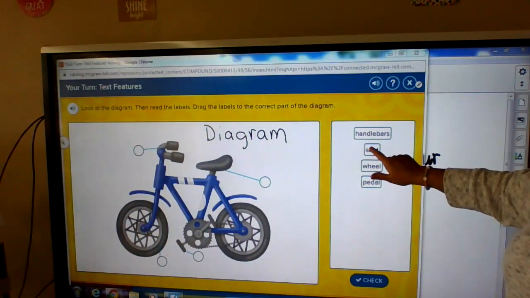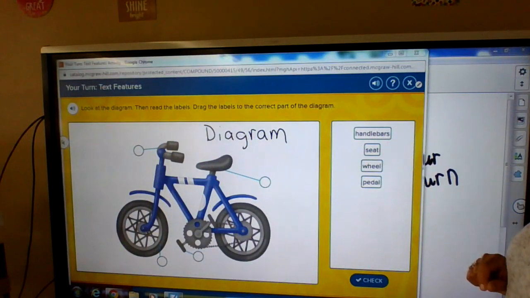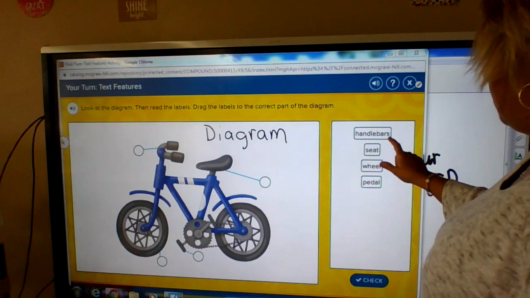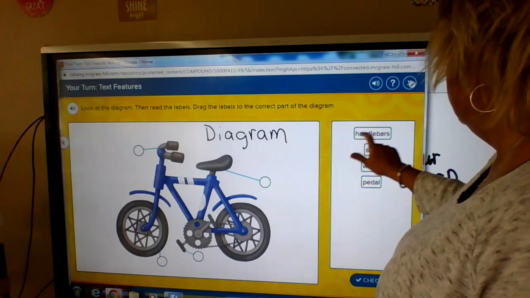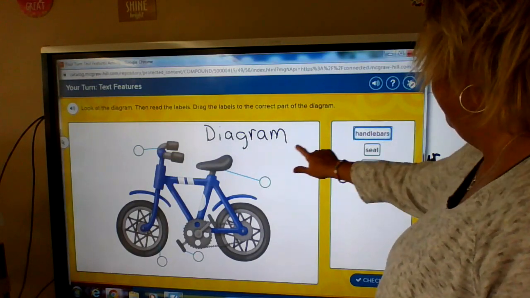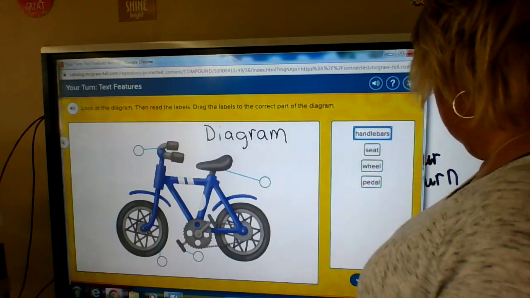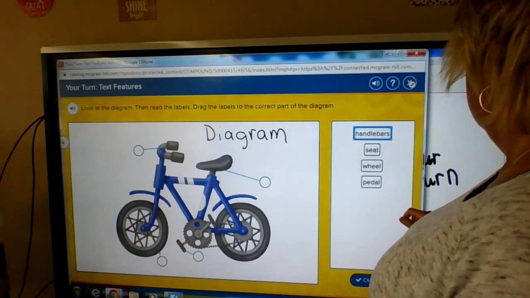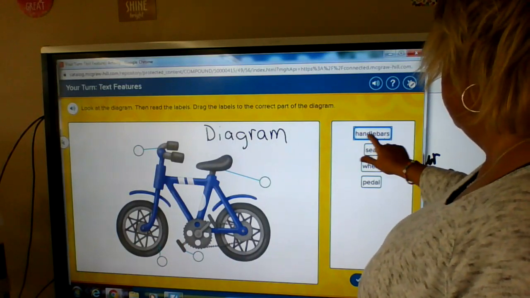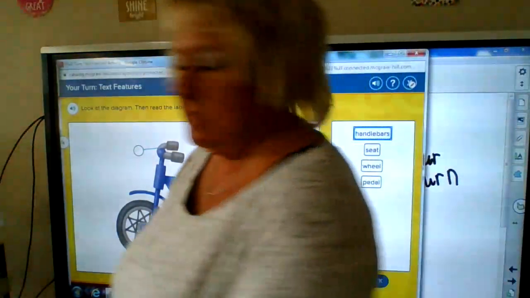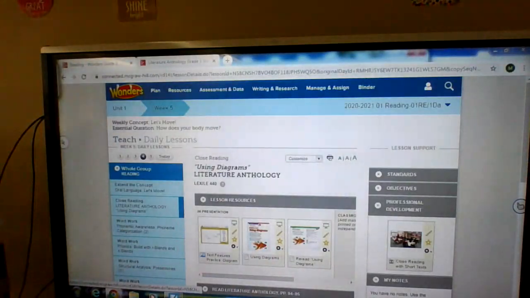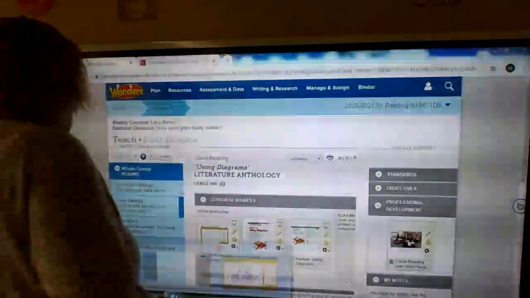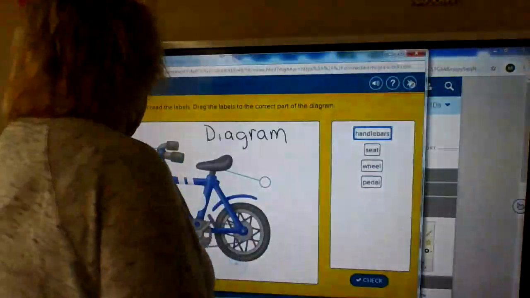Okay, this first word says handlebars. Sometimes I have to go over and use my mouse. I'm going to grab, it went away. There it is.